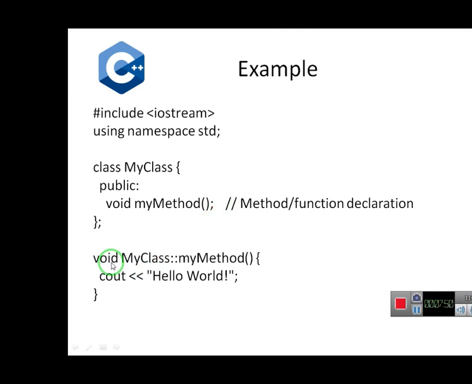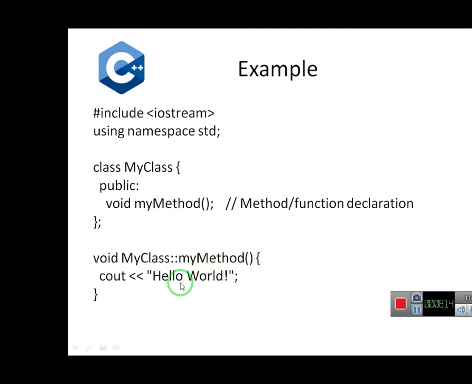So how do we define it outside the class? We use the void keyword, and here we are using MyClass. What is MyClass? Here MyClass is a class name, and here we have the scope resolution operator, and this is myMethod which we are creating here. Clear?